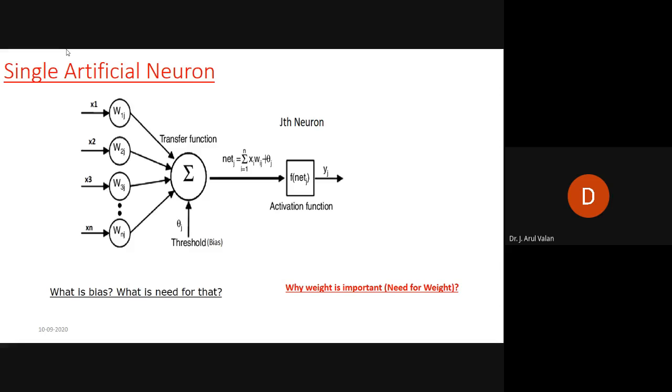You are giving the input image, and finally it will say that the image goes to a particular category, either dog or cat or sheep, whatever it may be. Among the input features, only some features give more weightage to get the particular output. For example, I want to differentiate whether the image is a dog or a cat.